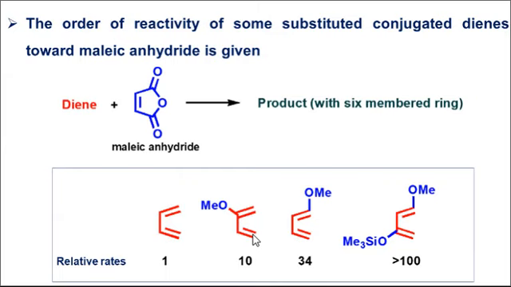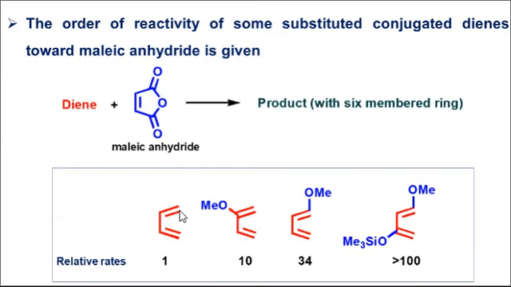From this section onwards, we'll discuss the effect of substituents on the Diels-Alder reaction. We know that in the presence of an electron donating group, for example an alkoxy group, the corresponding diene is activated. The electron donating group increases the electron density on the diene, basically at the HOMO of this diene, and makes the HOMO of the diene more nucleophilic.